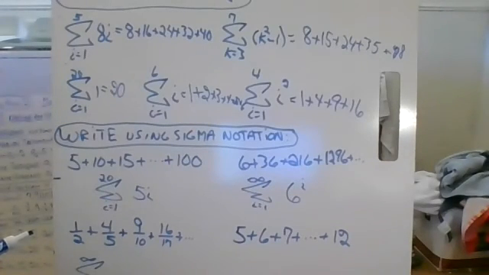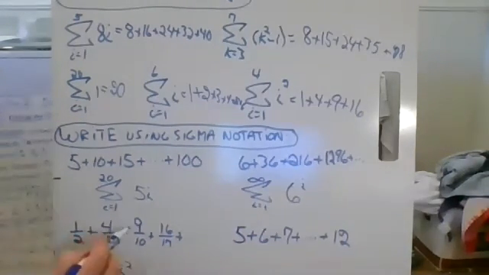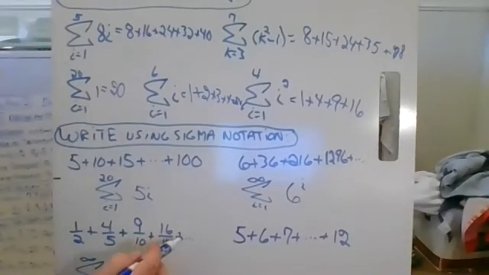What's the numerator? It's i squared, isn't it? 1, 4, 9, 16. The next one would be 25 over 26.